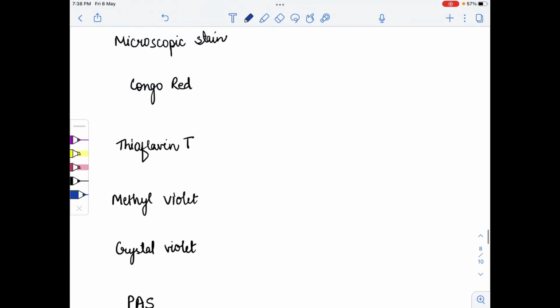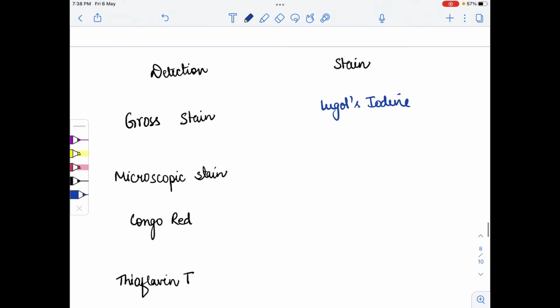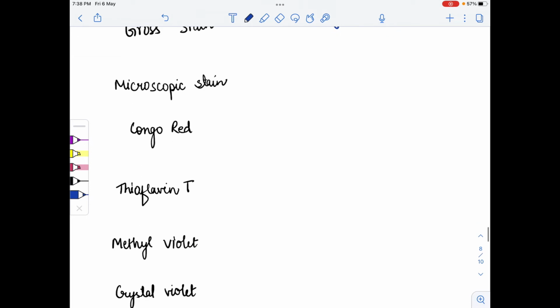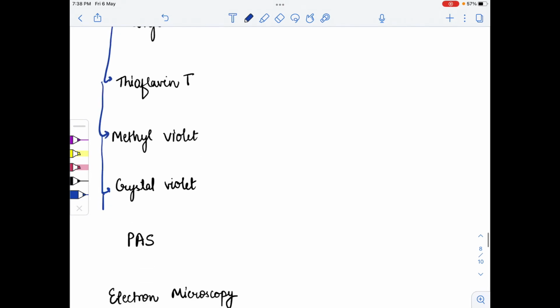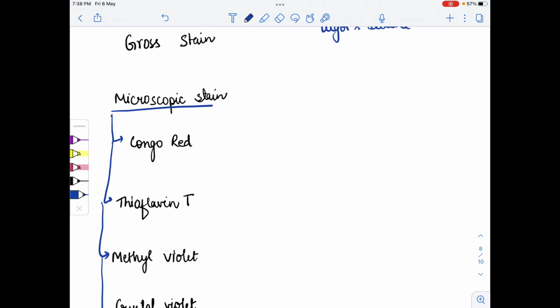Now the next point of the table is the microscopic stain. So the microscopic stains are like Congo red, thioflavin T, methyl violet, crystal violet, or the PAS stain. All these come under the microscopic stain. So when we see in the Congo red, we usually see the apple green birefringence. I will show you an image in a few minutes.